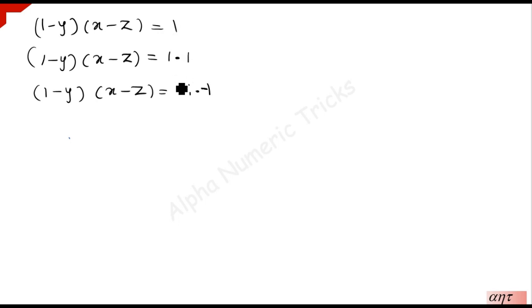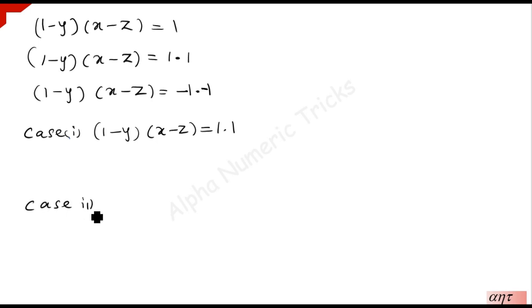So we have two possibilities from this. We have two cases. Case 1 is 1 minus y times x minus z is equal to 1 times 1. And case 2 is 1 minus y times x minus z is equal to minus 1 times minus 1.